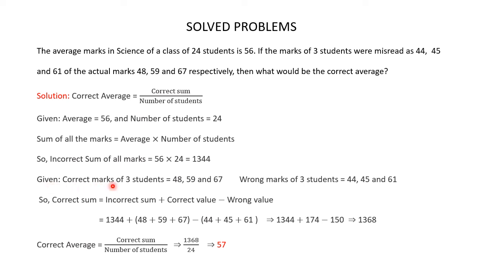Now it's given that the correct marks of 3 students are 48, 59 and 67, but they were misread as 44, 45 and 61. So the wrong marks of 3 students are 44, 45 and 61. Now we know that correct sum is equal to incorrect sum plus correct value minus wrong value.